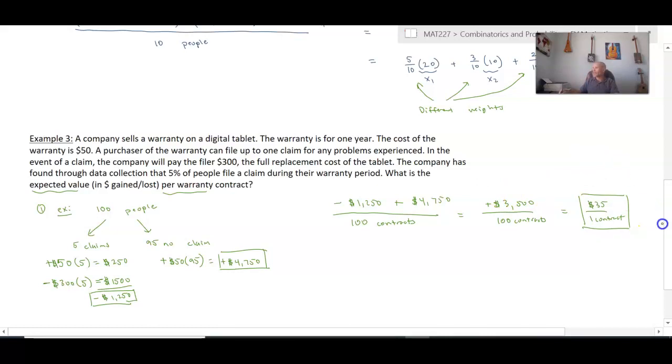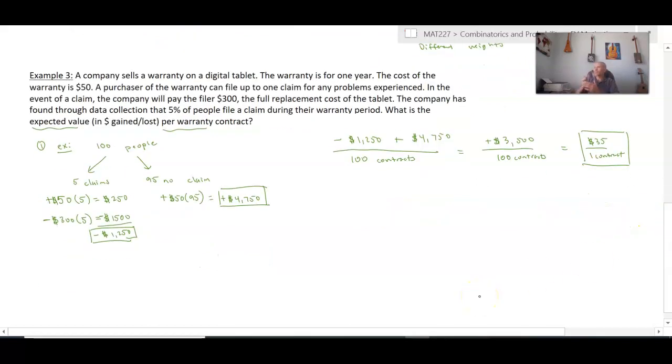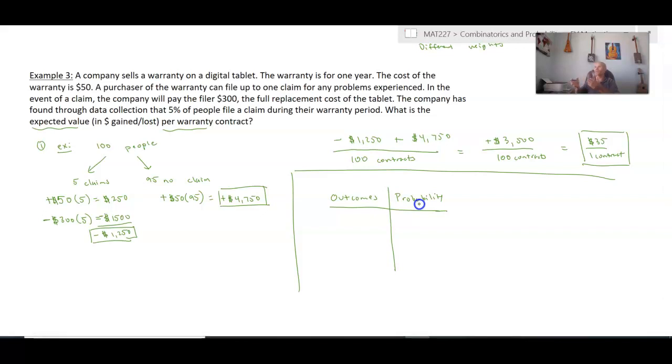Now, to think about this in a more mathematical way, another way we could have thought about this is we have outcomes, and then we have the likelihood or the probability of that outcome. Now, again, not exactly 5% of people are going to file a claim, but that's the only data that we have to go off of.